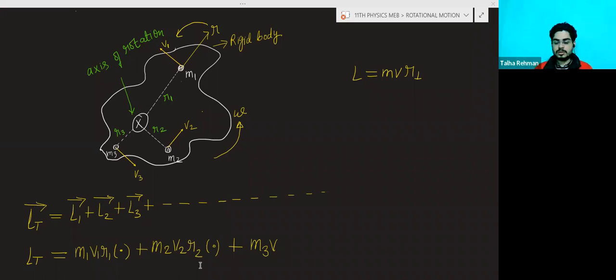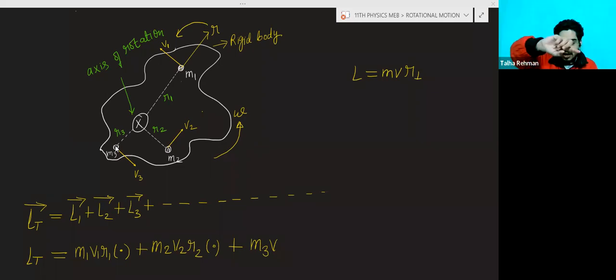Similarly for m3 also. Always for the direction of the angular momentum, you have to move from r to v. Do not use the right hand rule. If you are moving r to v anti-clockwise, then the direction will be outward.